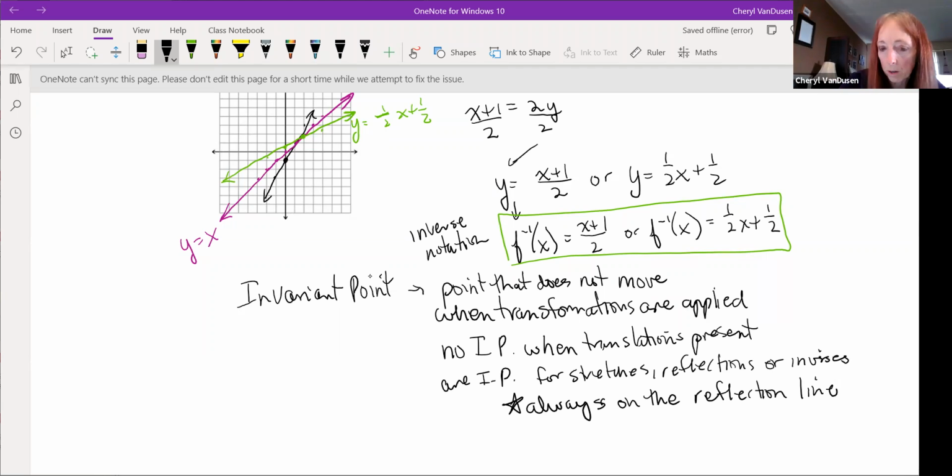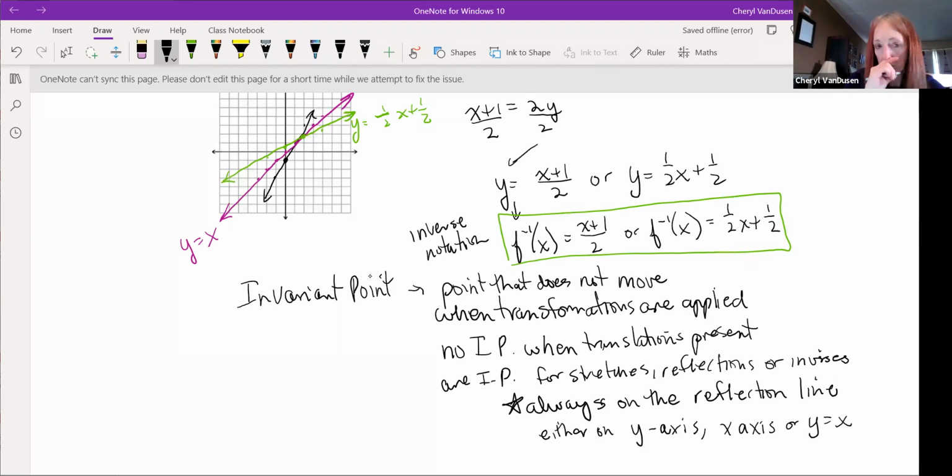So they're always going to be either on the x-axis, the y-axis, or the line y equals x, depending on what it is that you're doing in the question, okay?